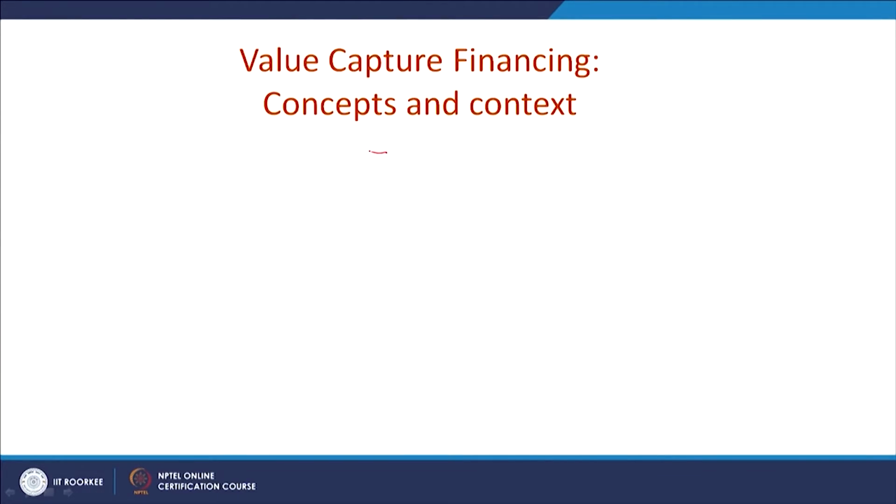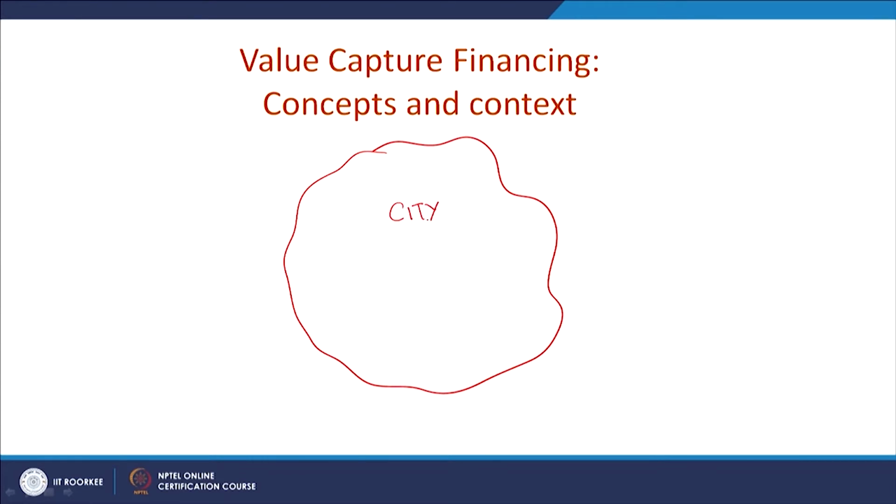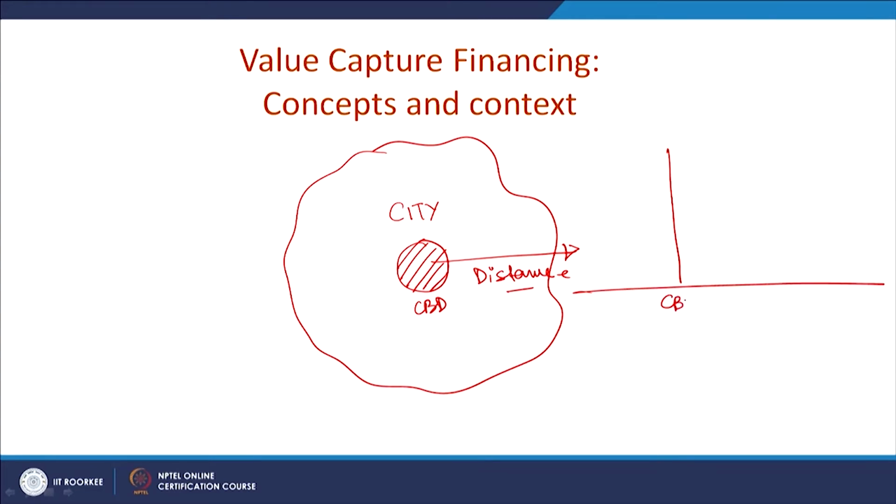Now, please see this diagram. This is a conceptual diagram of a city, and this is the city center. If this is the CBD and I plot distance against land value, the graph will be something like this.